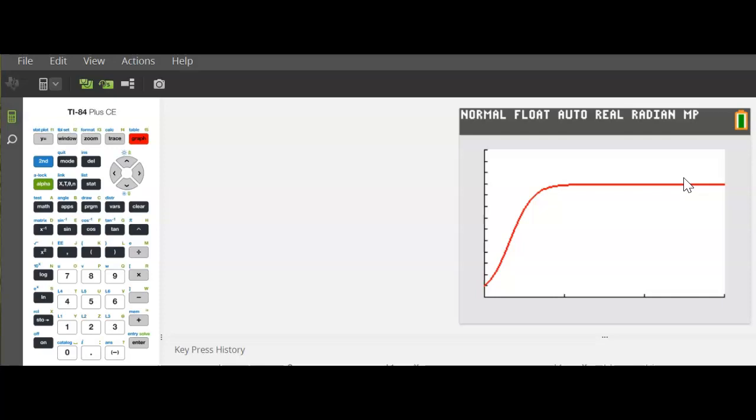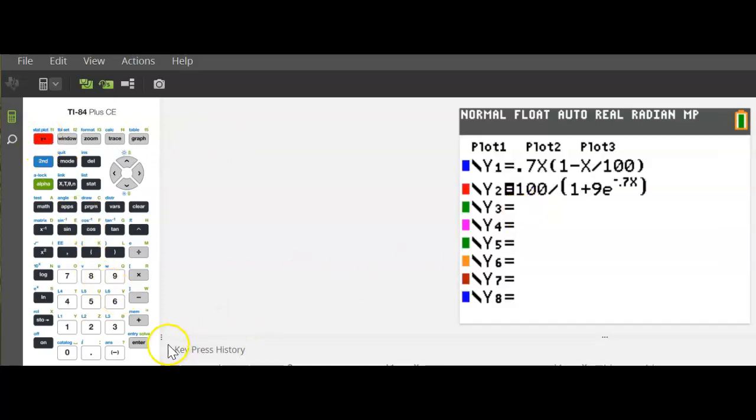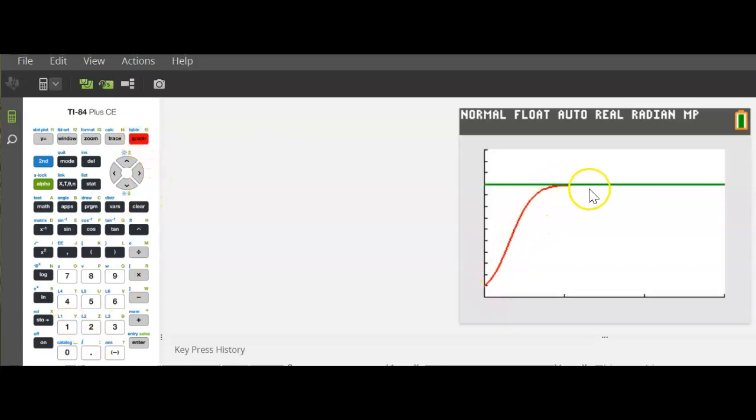Do you remember the carrying capacity of this differential equation? It was 100. Let's enter y equals 100 for y sub 3 and look at our carrying capacity. So you can see that our graph is quickly approaching a carrying capacity of 100. Now, what about the first graph that we saw? We saw the differential equation graph and we looked at the maximum on that graph.